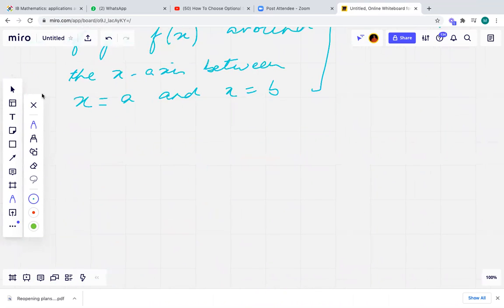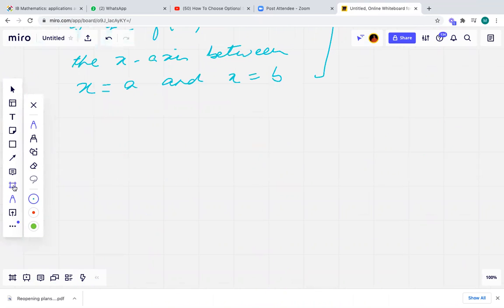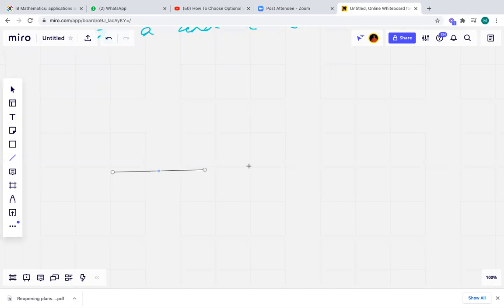Now let me give you an example. Suppose x-axis, y-axis, and suppose this is my line. I have a line.